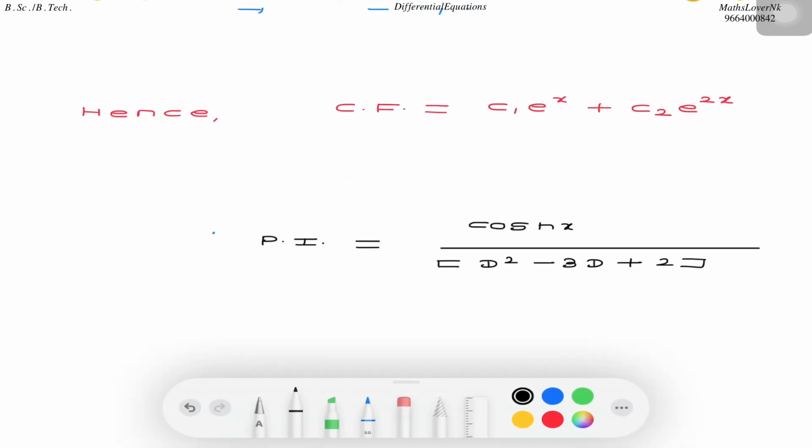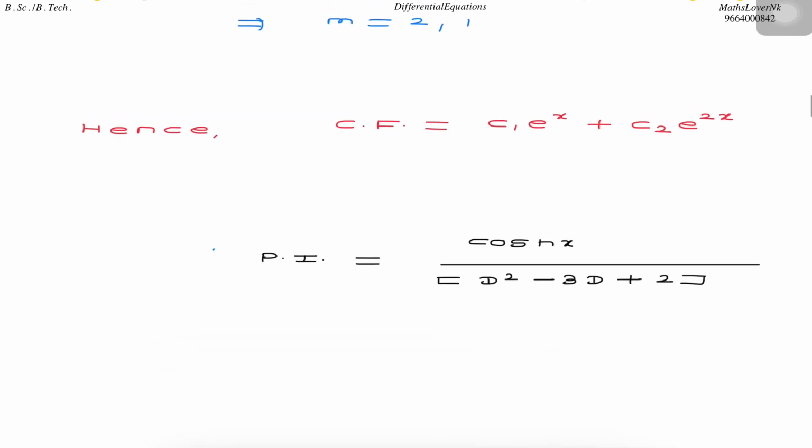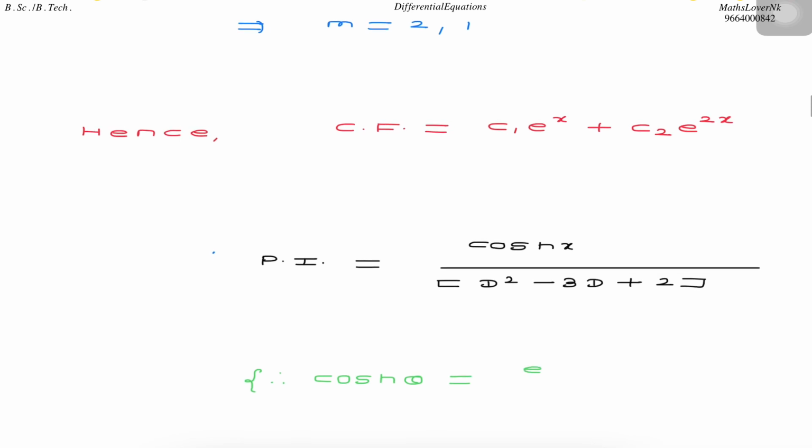Now we know that cos hyperbolic theta can be written as e to the power theta plus e to the power minus theta upon 2.